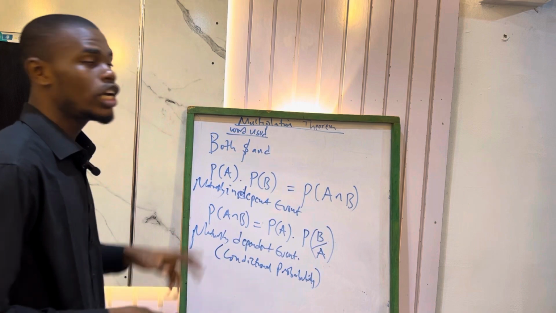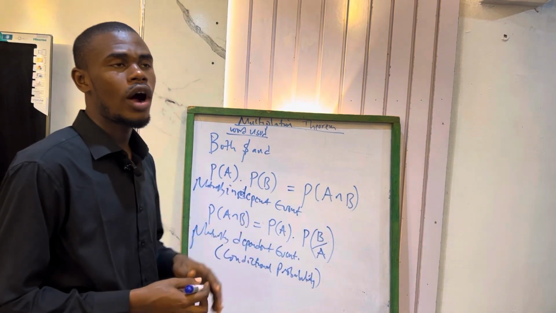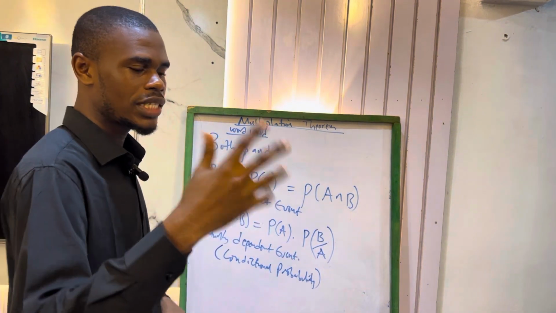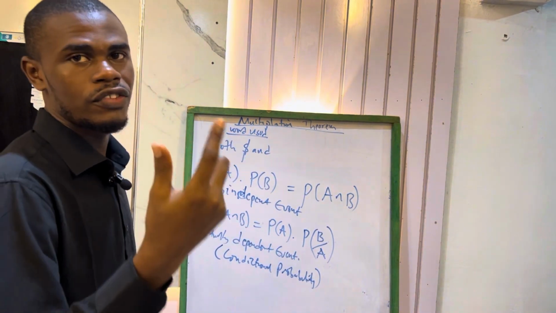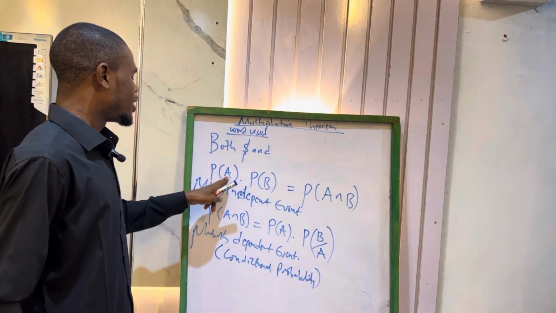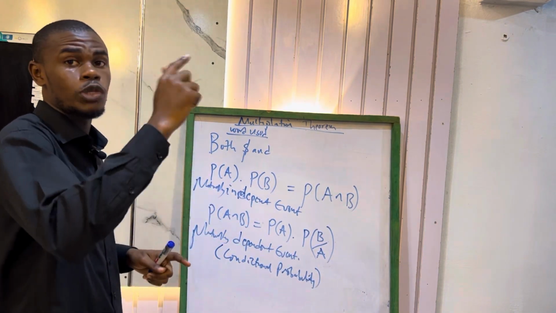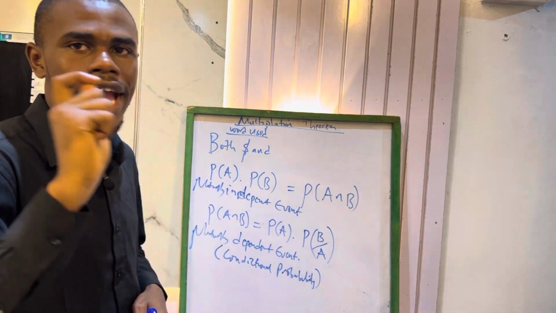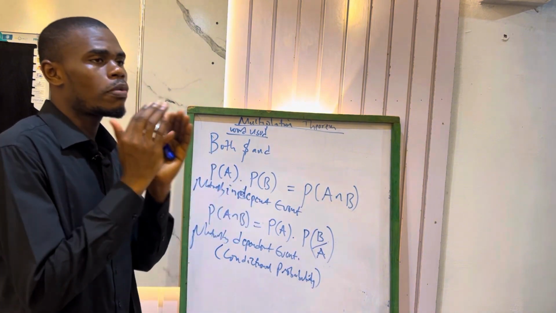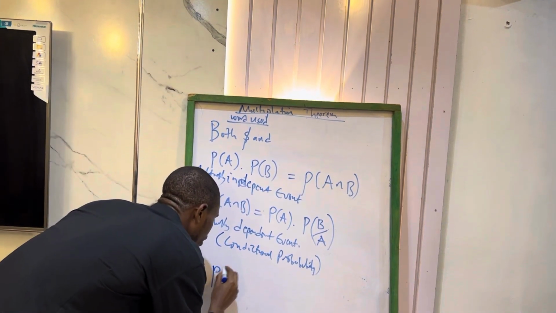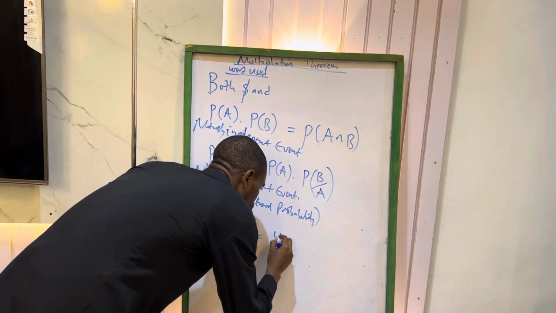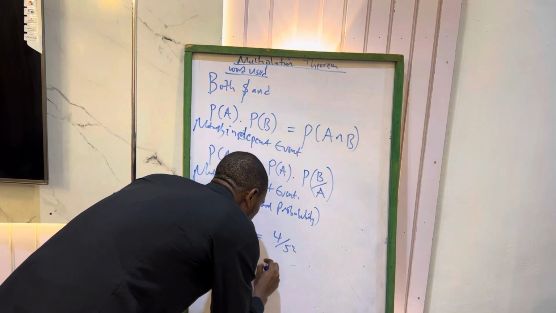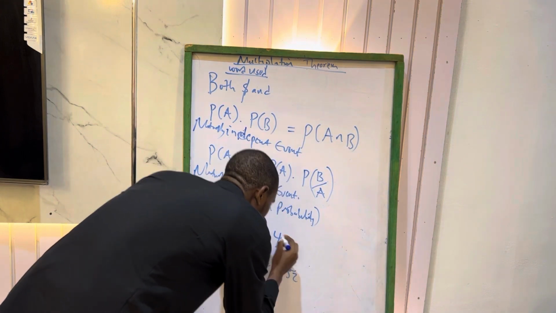So let's check an example. The first example we did was: what's the probability of getting a king and a queen from a pack of 52 cards? The other one was king or queen. So we know the probability of a king, P(king), which we agreed is equal to 4 over 52, while P(queen), which we also agreed is equal to 4 over 52, because there are 4 kings and 4 queens.